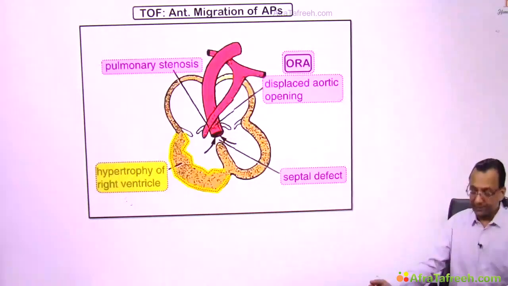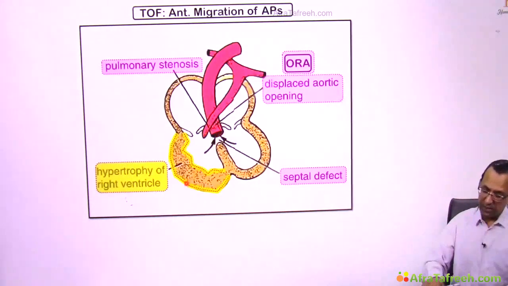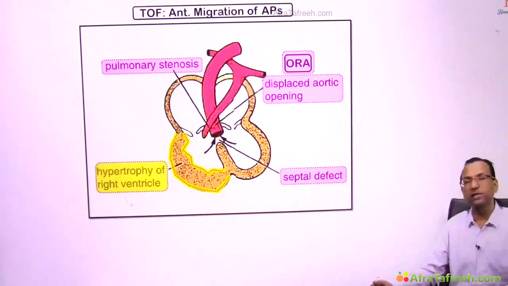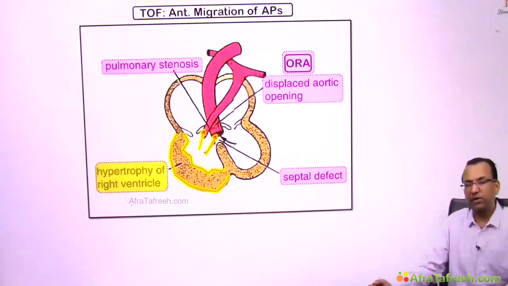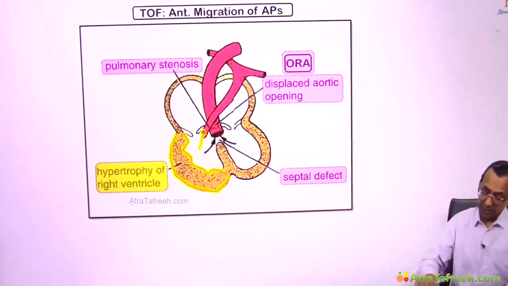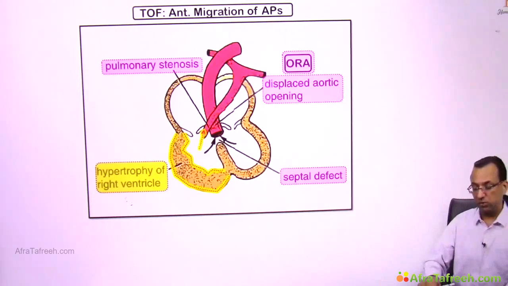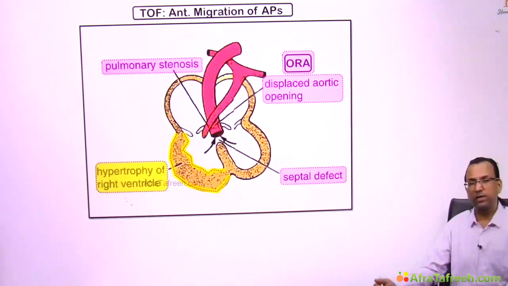Like where? I will find that there will be right ventricular hypertrophy because it is sending blood to two places, which is making it hypertrophied. What are the two places? Number one, the right ventricle was trying to send the blood into a narrow vessel, so it has to work hard, and it is undergoing hypertrophy. What about the other reason?